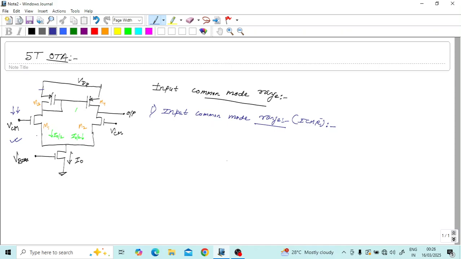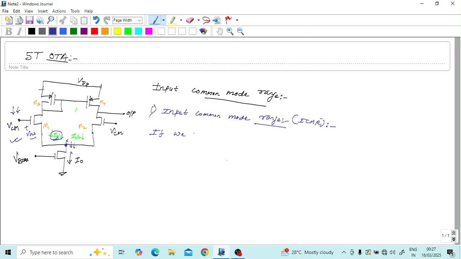When we decrease this input voltage and we want the current I0 by 2 to stay fixed, this means our VGS will be fixed. So when we decrease the input voltage and want VGS fixed, the voltage here should decrease. Let's suppose this is the X node.